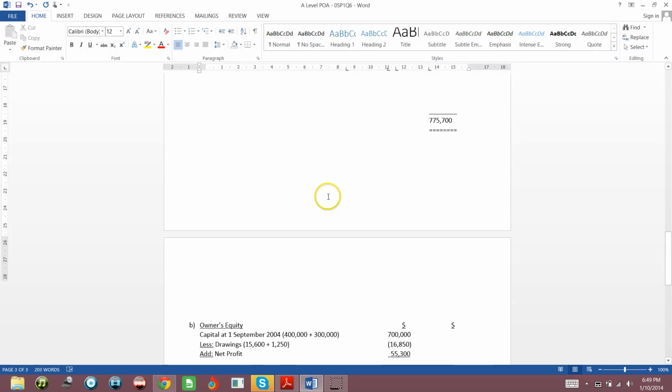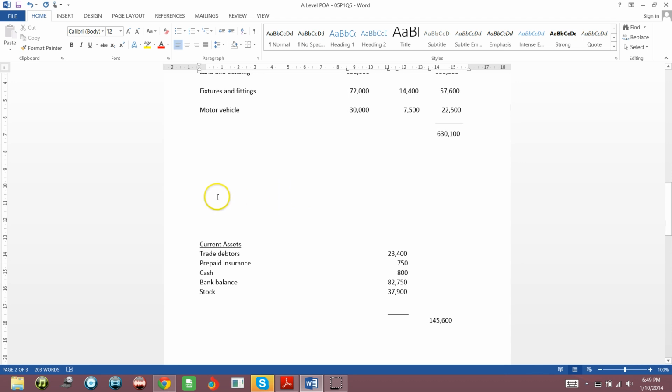So the goodwill, we will put it here, under non-current asset. Here we will put goodwill. So how much is the goodwill?